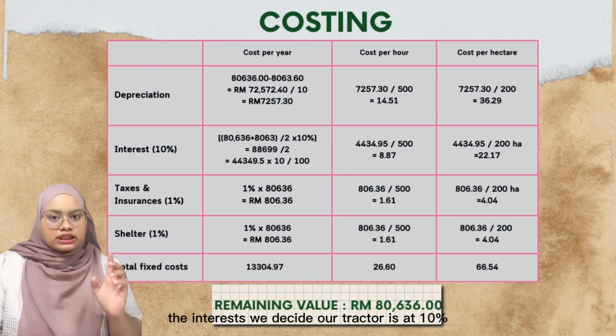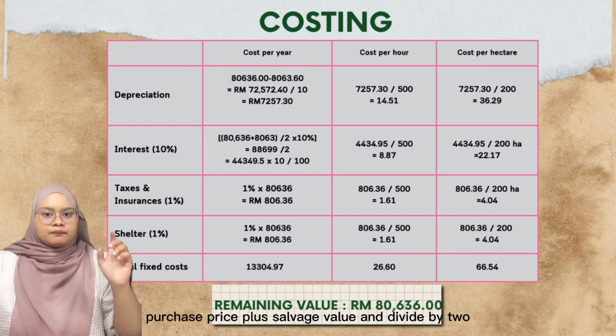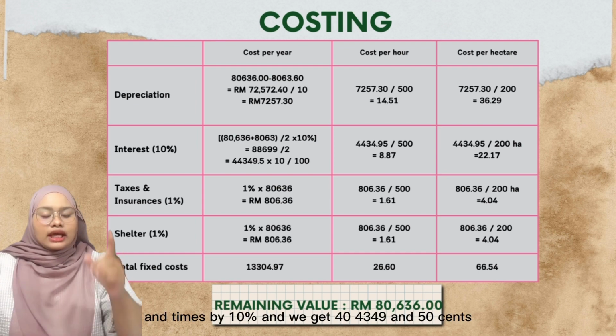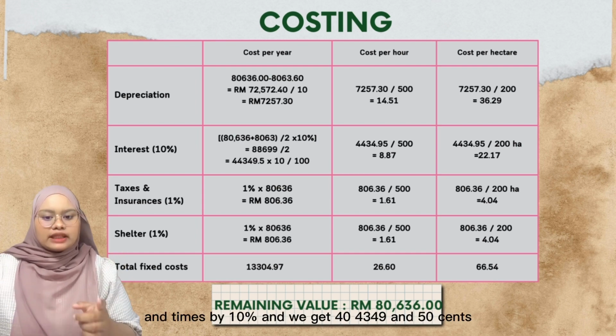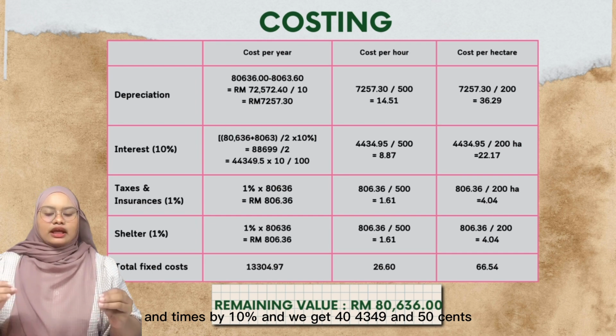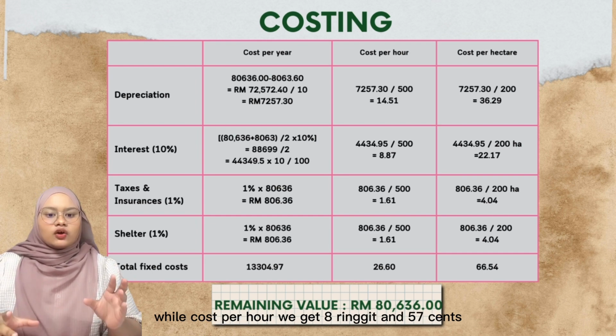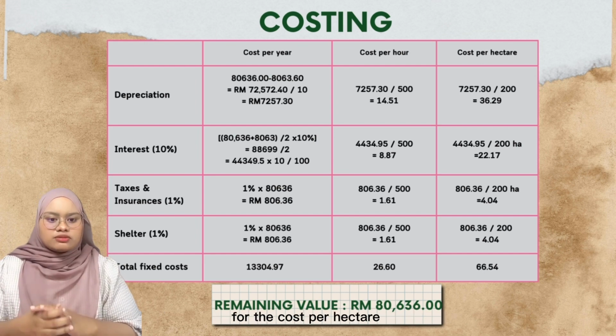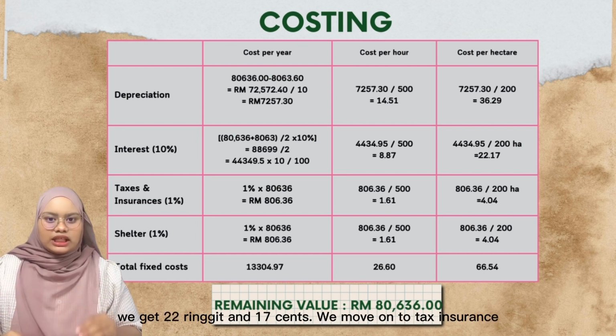The interest we decide is 10%, and the formula is purchase price plus salvage value, divided by 2 and times 10%, and we get 44,349 and 50 cents. While cost per hour we get 8 ringgit and 57. For the cost per hectare we get 22 ringgit and 70 cents.